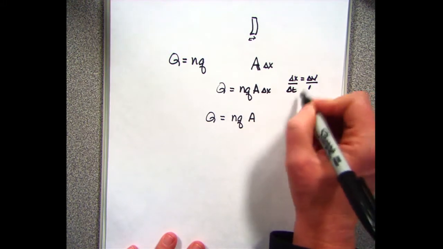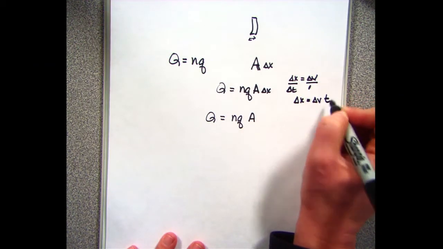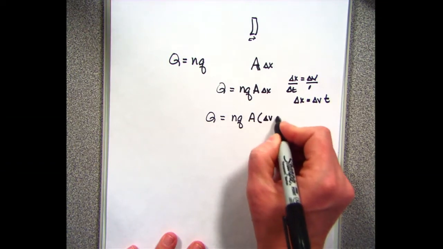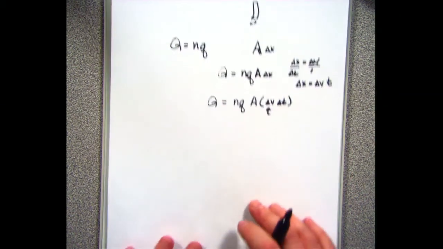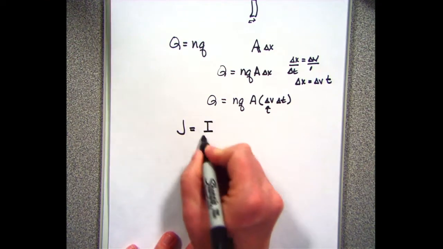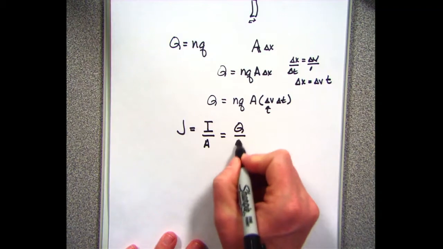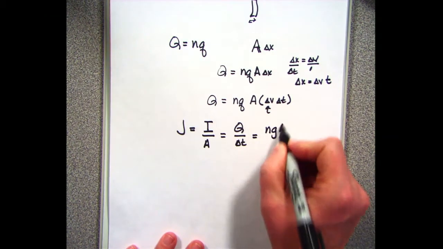And so our current density is going to equal the current per unit area, which is going to be our charge divided by the unit time, which now looks like the number of charges, Q, area, velocity, times change in time divided by, and this is area, sorry, left out my area, change in time.